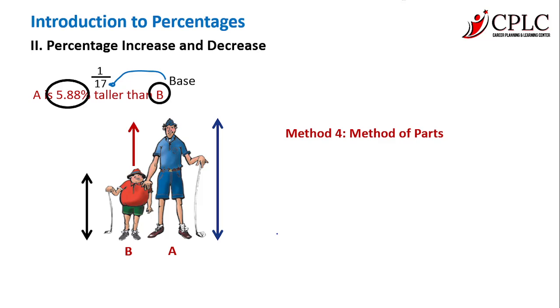So we can simply say B is 17 parts in our system, and A is 1 by 17 taller than B. It simply means that whatever is the value of B, A is one more or one extra than B. So B is 17, then A becomes one extra than that. So A becomes 18 parts basically.